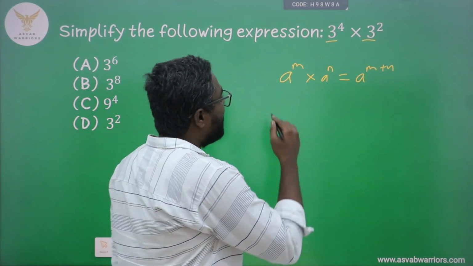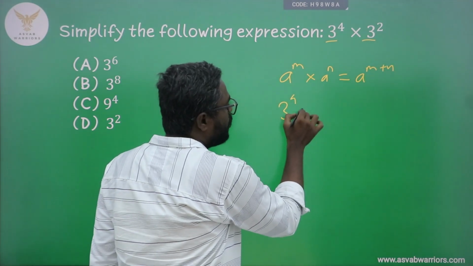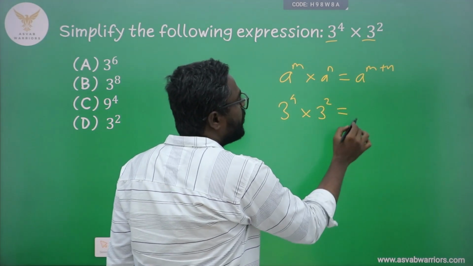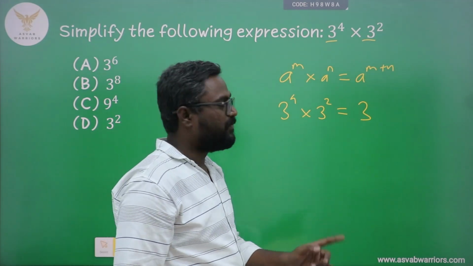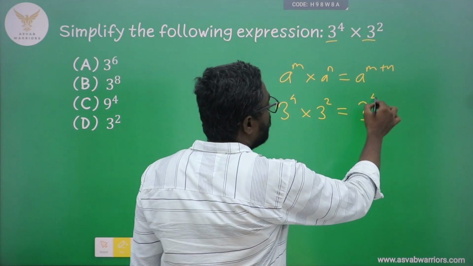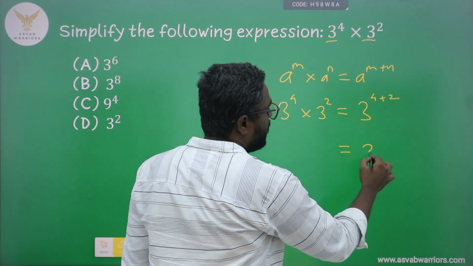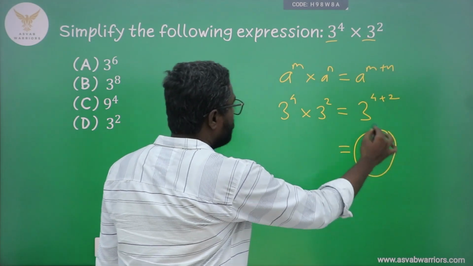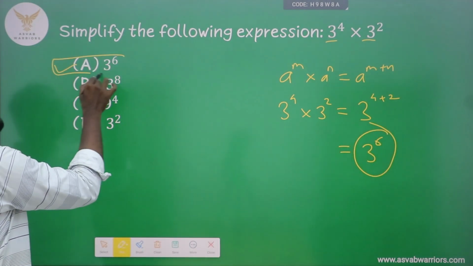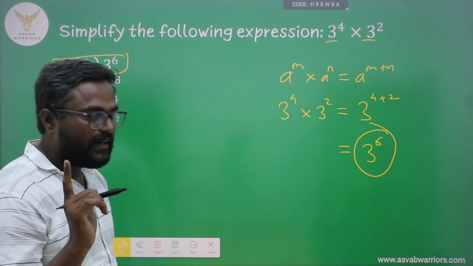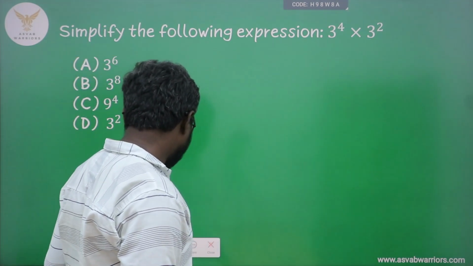So 3 to the power 4 times 3 to the power 2 is equal to 3 to the power 4 plus 2, which is 3 to the power 6. So which option is correct? Option A is correct. I hope you understood this easy question.